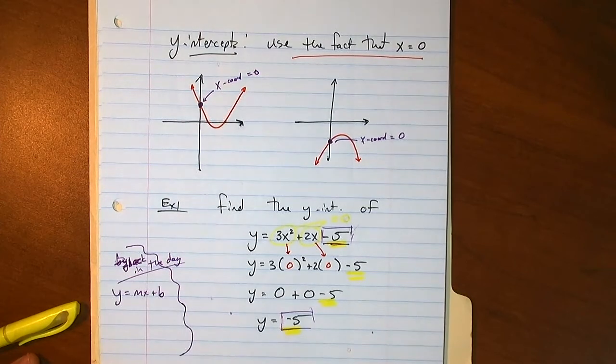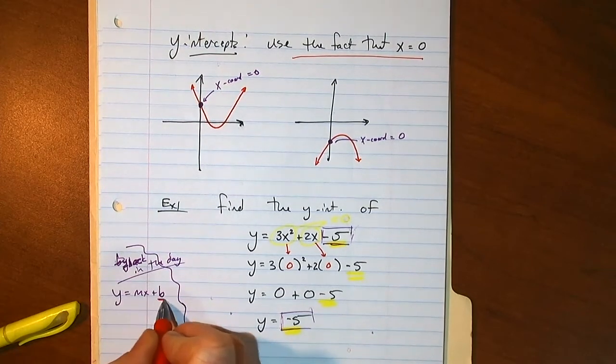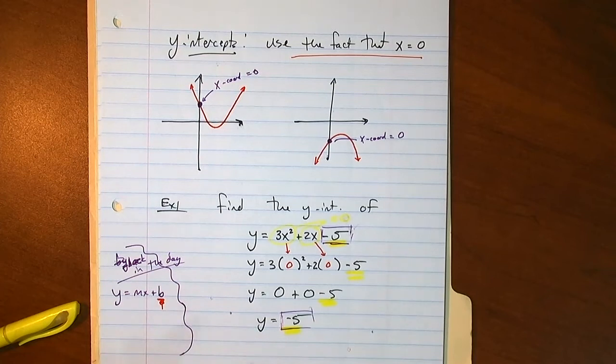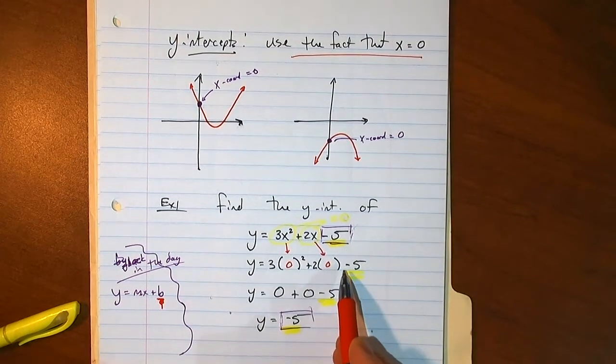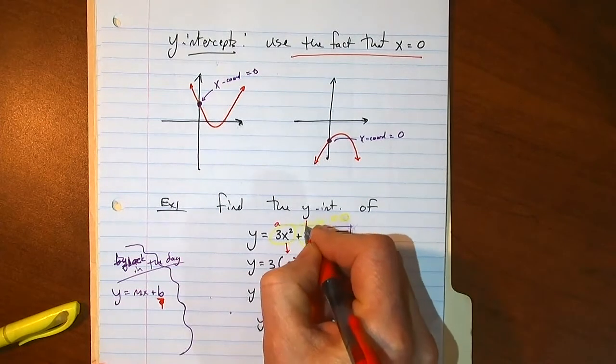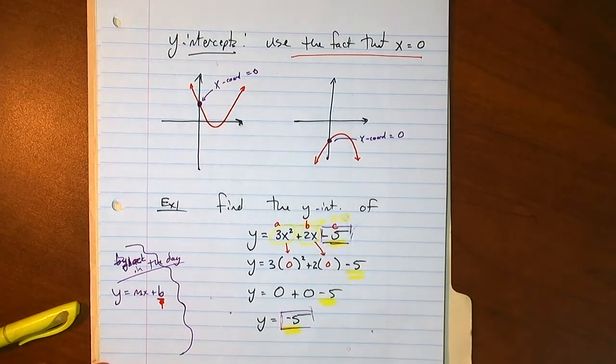What did we say was going to be the y-intercept there? We said it was going to be the thing at the end of the equation, because if you plug in 0 for x, you just get 0 plus b. So y equals b. It's the exact same thing here. The only difference is we don't call it b anymore. Now we call it c.